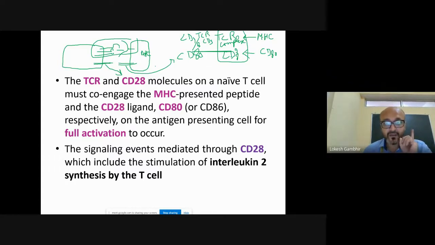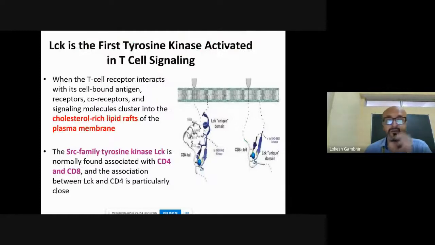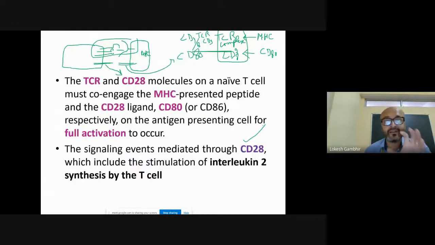Once both the signals are done, then there is full activation of the T cell. And in fact, when we discuss the release of interleukin 2, IL-2, which will give rise to the clonal propagation, that release or synthesis of IL-2 inside the T cell is mediated only and only when this particular CD28 is bound to CD80. So that is the reason why for complete activation we say that CD28 should always bind to CD80.